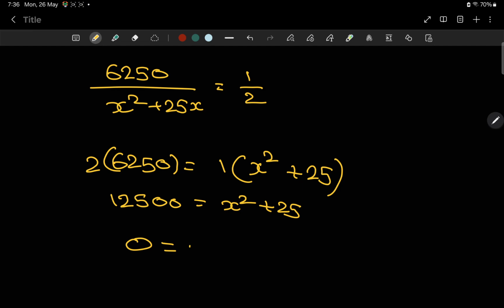So 0 equal to x square plus 25x. Here it's a positive sign, so it will become negative.